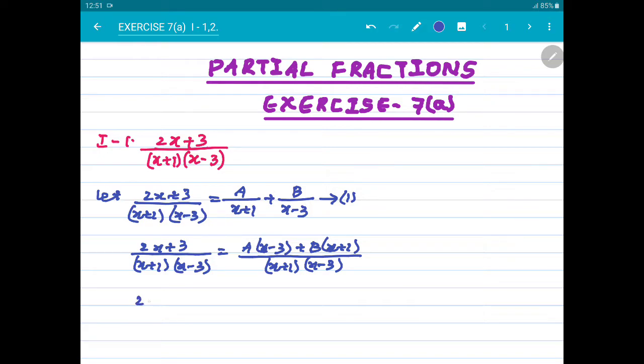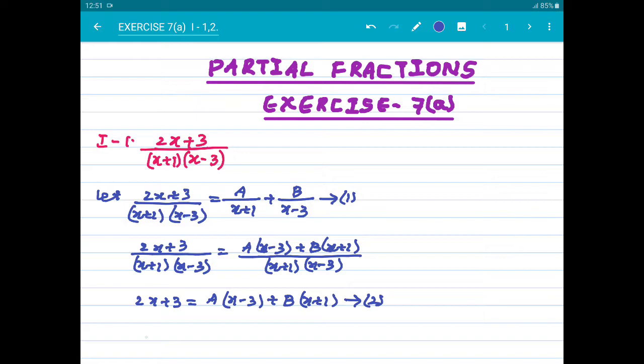So the next step will be 2x + 3 = a(x - 3) + b(x + 1). Suppose this is equation number 2. Now we have to calculate the values of a and b.